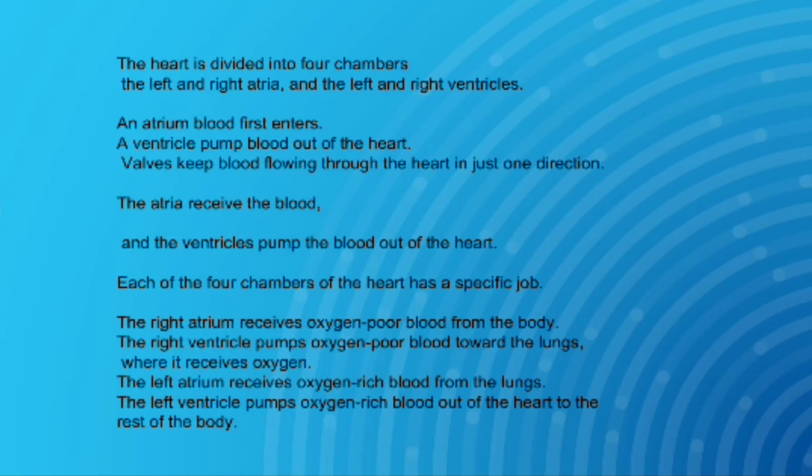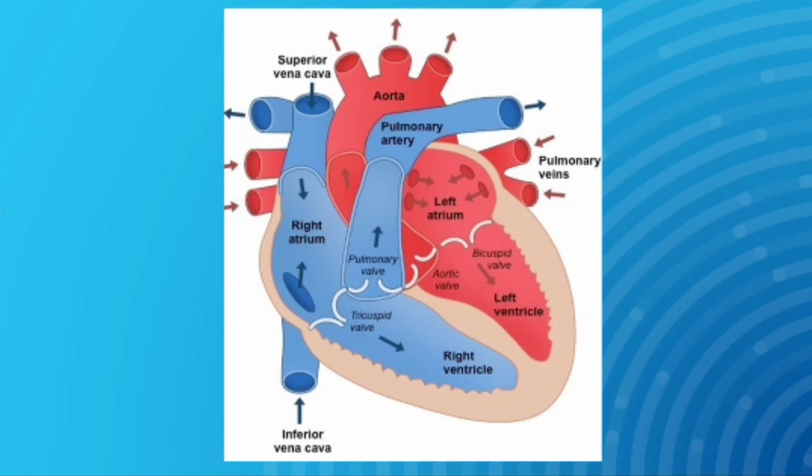How exactly does the heart work? The upper chambers, the atria, act as the receiving chambers which receive the blood, and the lower chambers are known as ventricles, the dispersing unit. Here you can see that the blood enters the heart through the superior vena cava from the upper part of the body and through the inferior vena cava from the lower part of the body into the chamber we call the right atrium.